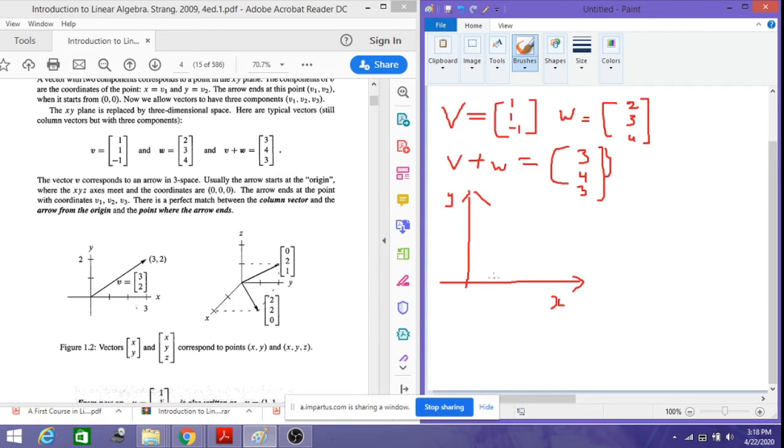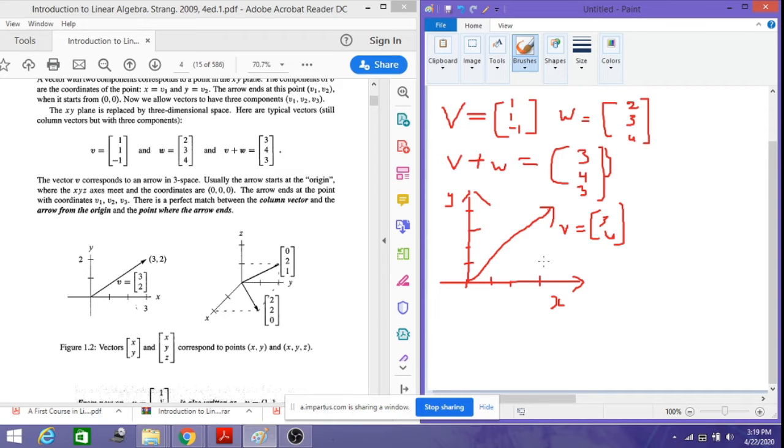So 3 is, if I mark this here equally, it will be 3, and 1, 2, 3, 4 somewhere here. So this point will be like this. This is my new vector, and this will be 3 and 4.